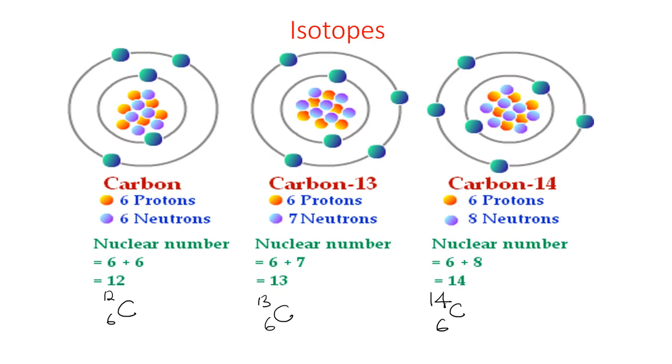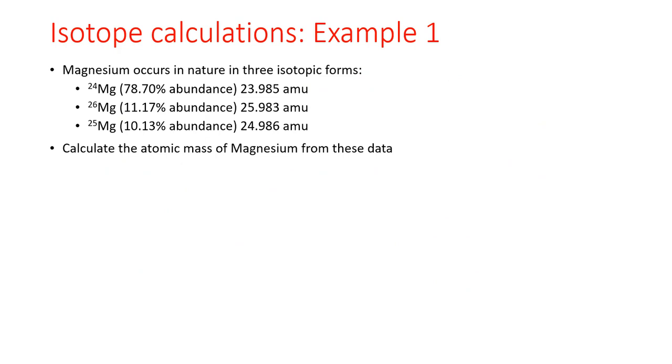But then, as I already indicated, on the periodic table, you don't have exact masses of isotopes. There is a reason for that. For example, if we take magnesium, which has the symbol Mg.